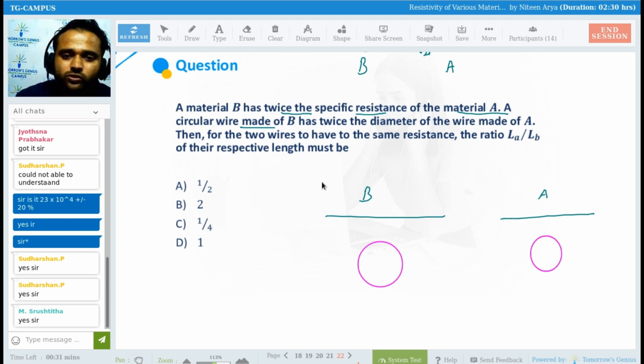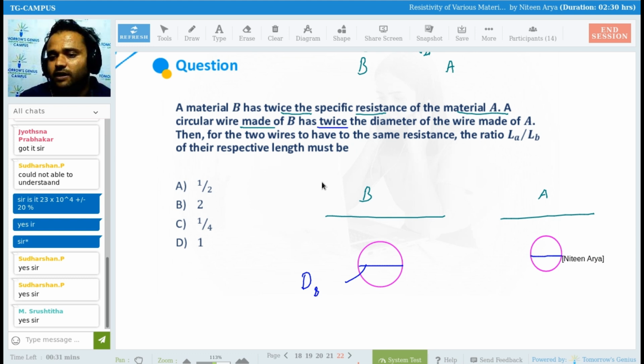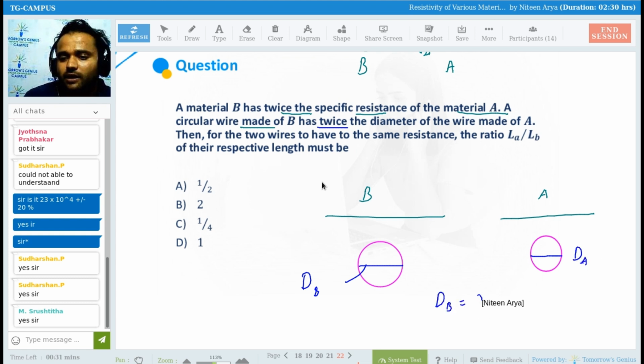Now, a circular wire made of B has twice the diameter of the wire made of A. So the diameter of B is twice the diameter of A.